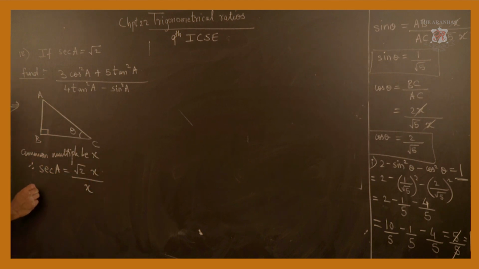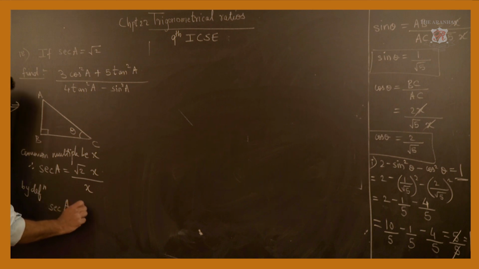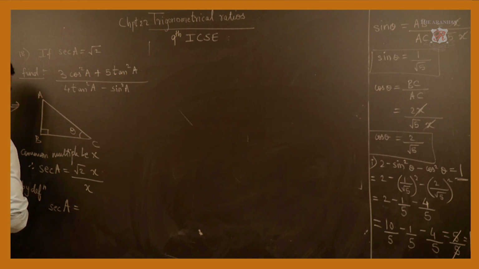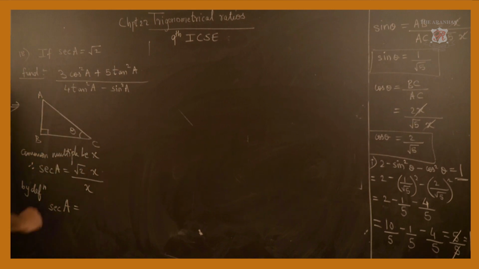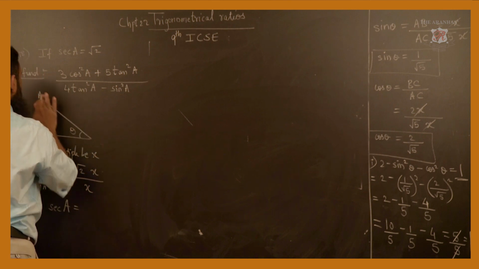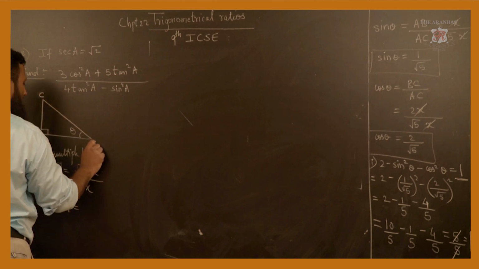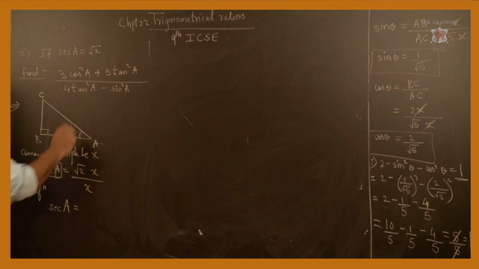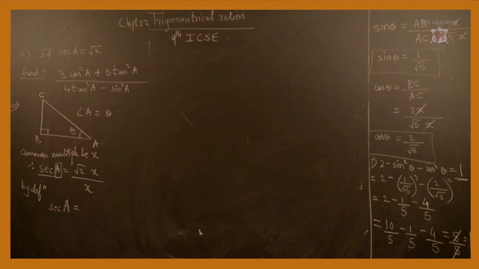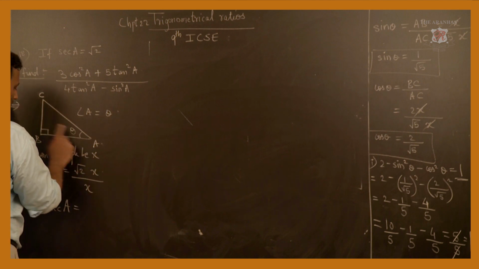But also by definition we are aware sec of A is reciprocal of cos of A. Okay. One more thing, since here now it is given A, I will have to make a change: this angle will become C and this angle will become A. So, angle A becomes equal to angle theta. They have mentioned here it is A, so I will just reverse it so that A matches with this theta.